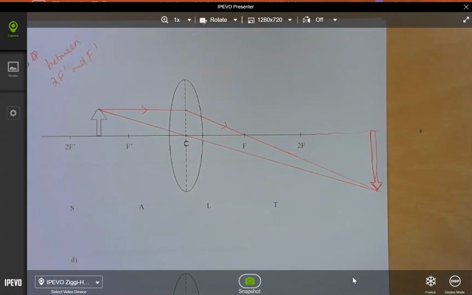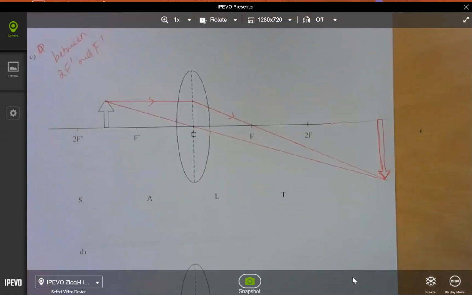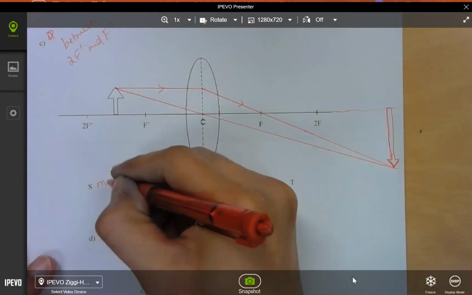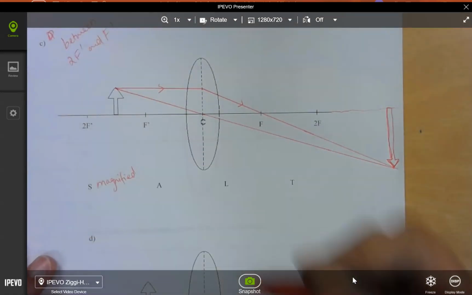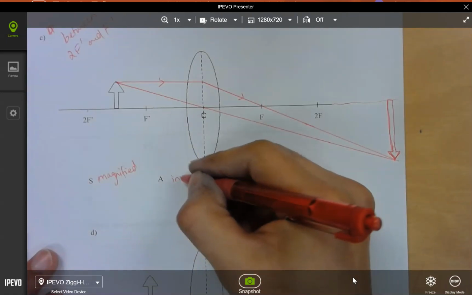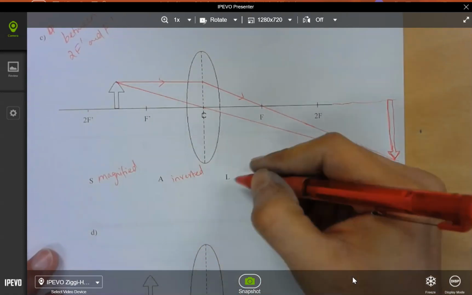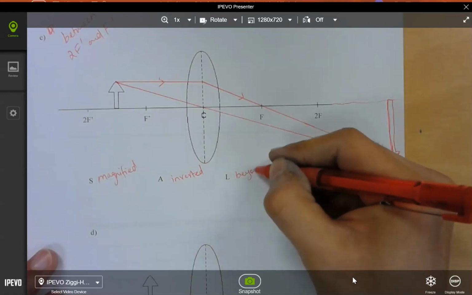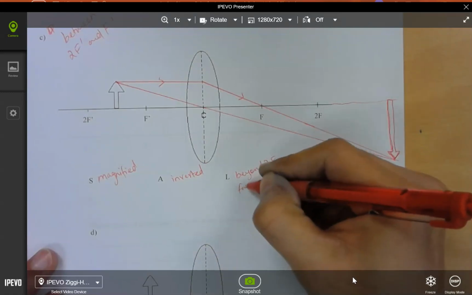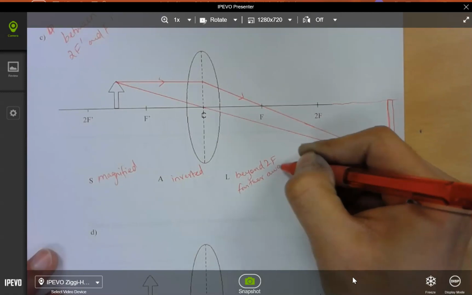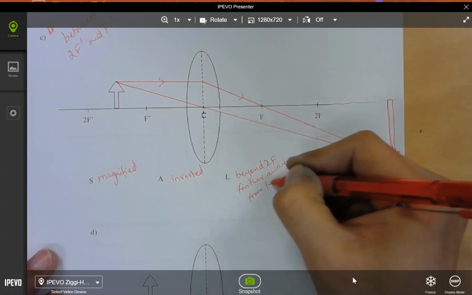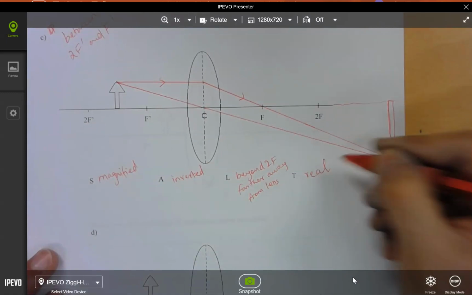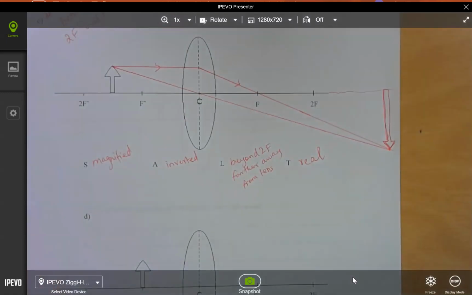You have to draw long lines for this one. Mine ended up almost off the page. Just put it at the end, the corner of the page, as close as you can get. I'll accept that. So size is magnified, inverted, attitude, beyond 2f, farther away from the lens, real. Again, inverted images are always real.